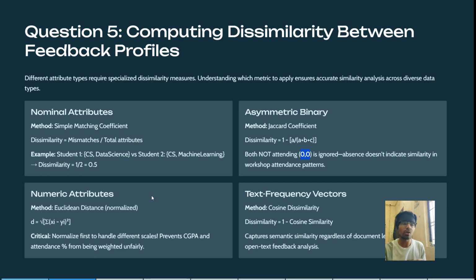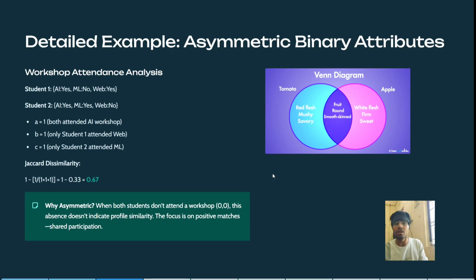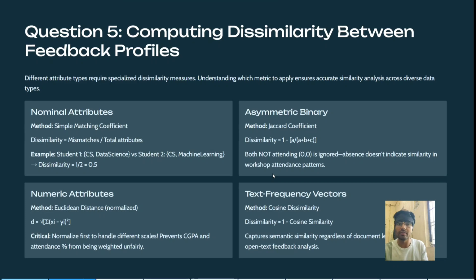So the question is, why is it asymmetric? Because if two students both didn't attend the same workshop, it does not really tell us they are similar; they might have different interests entirely. Now let's say student 1 attended the AI workshop and web workshop but not ML, while the second student attended AI and ML but not web.